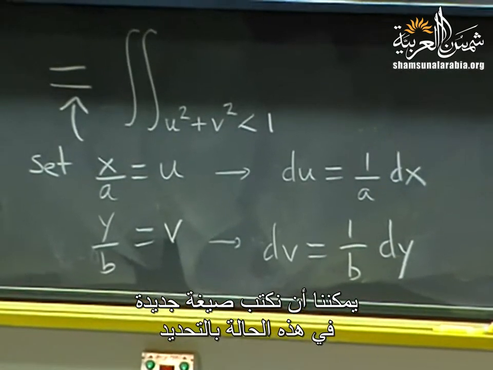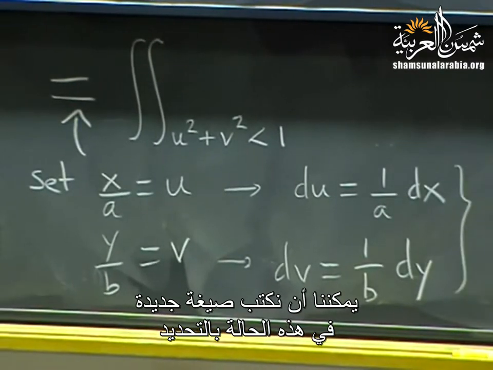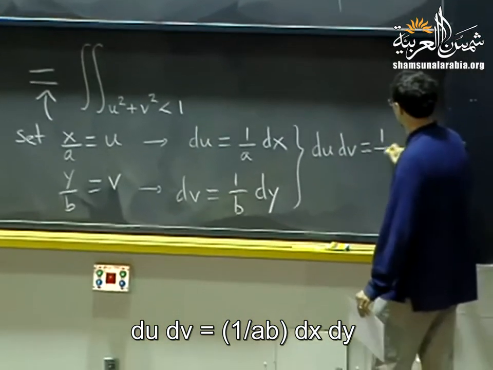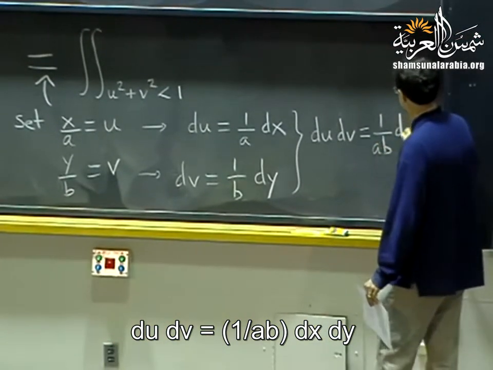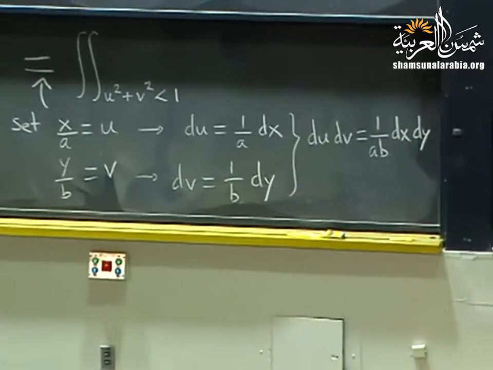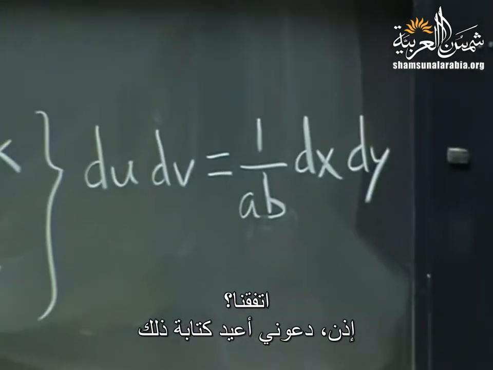It's very tempting to write, and here we can write, in this particular case, that du dv is 1 over AB dx dy. Let me rewrite that.